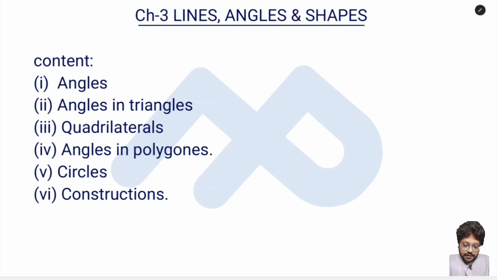So there will be 6 different sessions based on these 6 topics where we'll cover each and every topic in detail, and then we'll see the paper 2 style questions and paper 4 style questions.